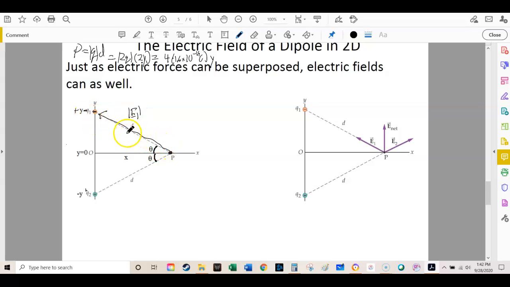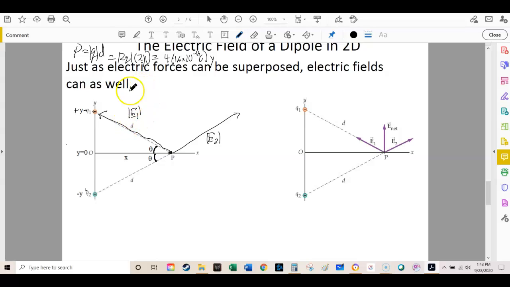We're going to have another electric field that is pointed up and away from this positive charge. The electric field is pointed away from that positive charge, so that's pointed an equal amount, and that electric field is going to be called E2. And it's also a distance d apart.